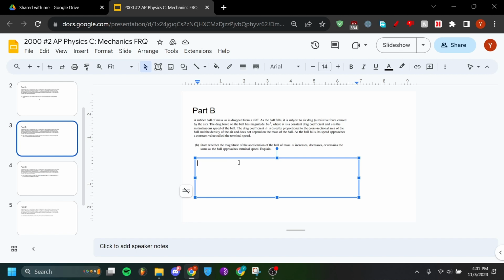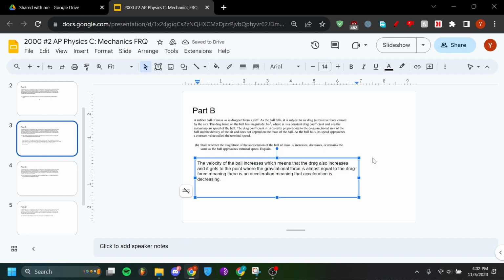So basically what happens is the velocity of the ball increases, which means that the drag also increases because of bv squared, and it gets to the point where the gravitational force is almost equal to the drag force, meaning there is no acceleration, meaning that acceleration is decreasing.